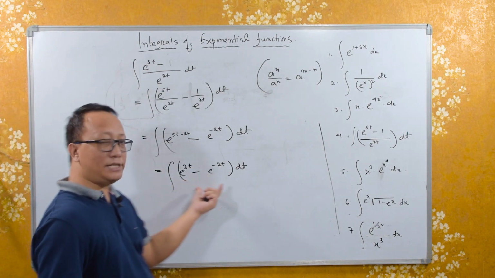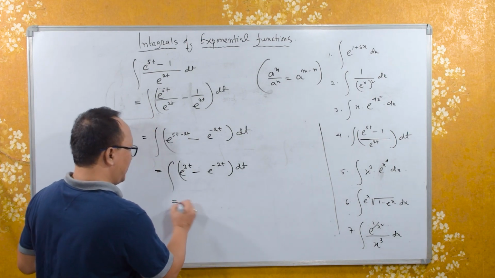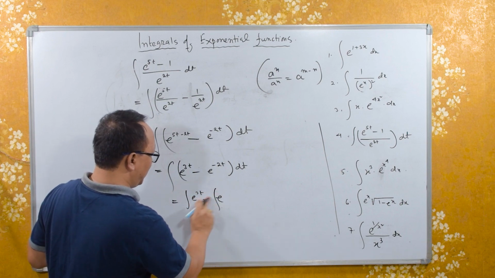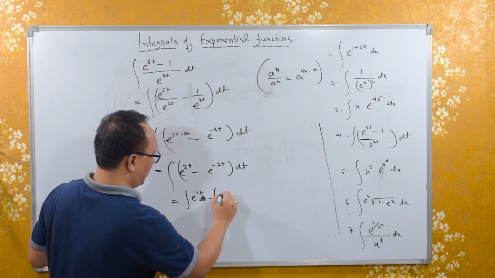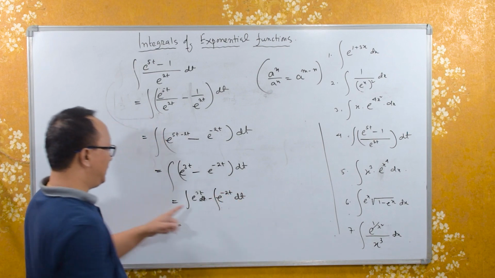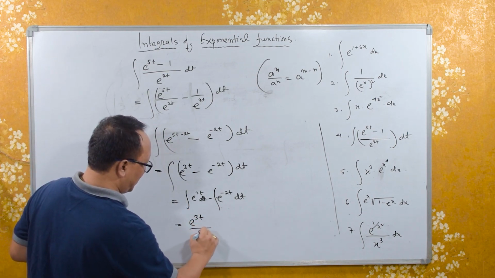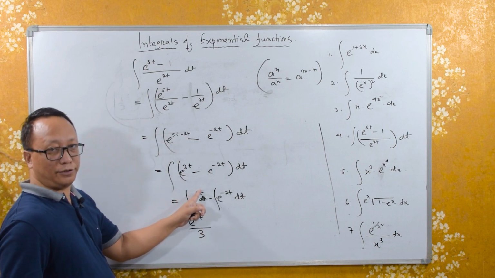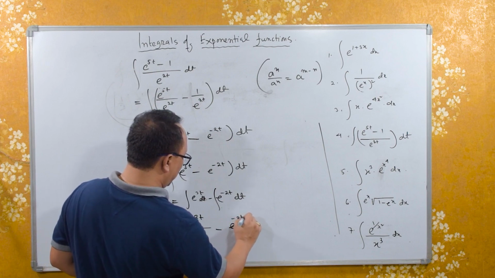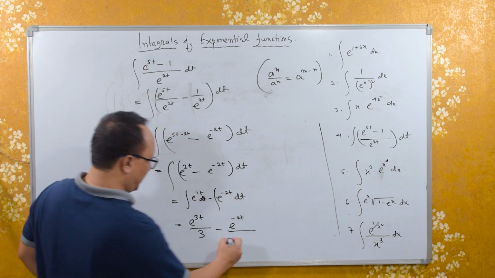Here I have not done any substitution, so we can integrate directly. Now the integral of e raised to 3t minus the integral of e raised to minus 2t dt. Here the integral of e raised to 3t dt is e raised to 3t upon 3, because the differentiation of 3t with respect to t is 3. And for e raised to minus 2t, we divide by the derivative of minus 2t with respect to t, which is minus 2.